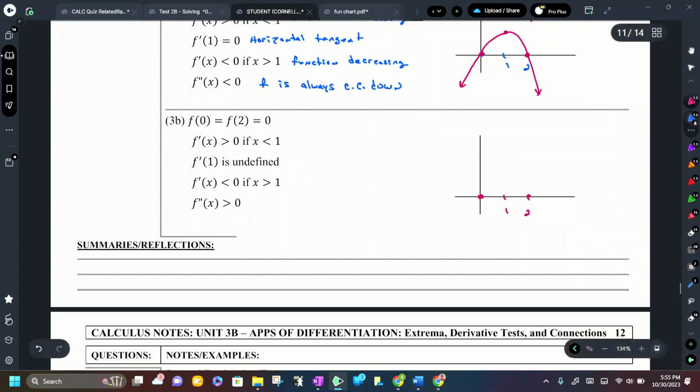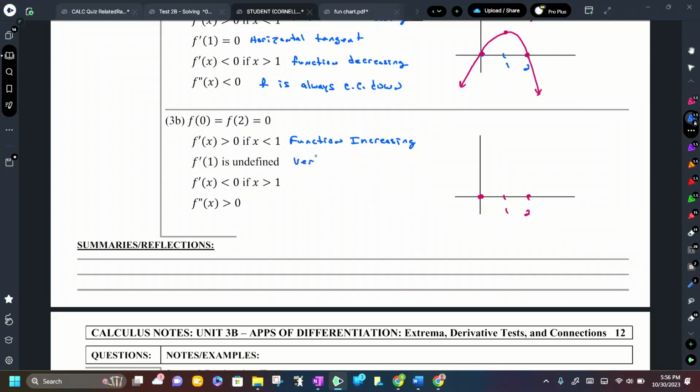But then some things are going to change around a little bit. We know that our derivative is greater than 0 if x is less than 1. So on that interval, my function's increasing, same thing as before. Now here's something a little different. F prime of 1 is undefined.